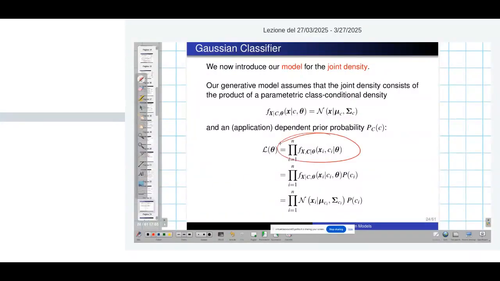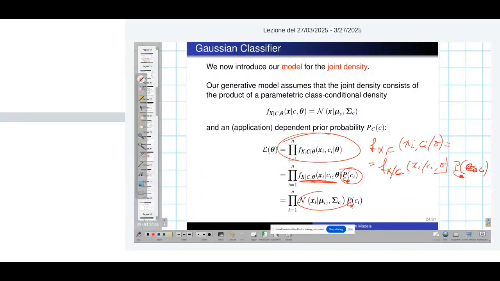Well, the joint density, we have said, generative model, we factorize it as a class conditional likelihood that depends on the parameters times a prior probability. Here there should be a big C without the i because we dropped the i altogether. So it's the class conditional density times the prior probability.